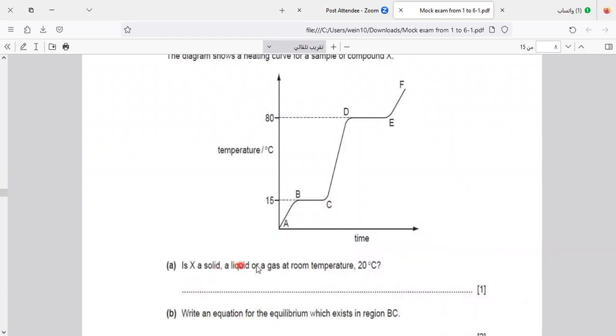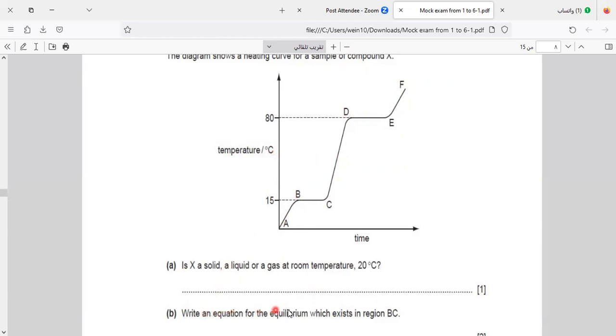Is solid X solid, liquid or gas at room temperature, 20? 20 here, as you see, is between 15 and 80 in this area. This is the liquid state. As you know, here we have the solid state, solid and liquid, liquid and gas state. 20 is the liquid state only.